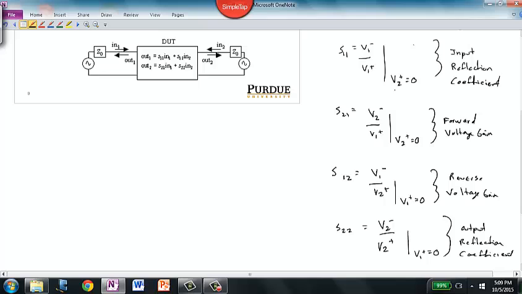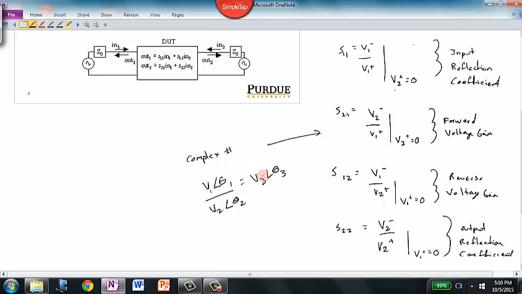The S parameters, since this is a magnitude and angle and this is a magnitude and angle, are technically complex numbers. Right? It's got a voltage and an angle divided by a voltage and an angle, so I get another voltage and an angle.